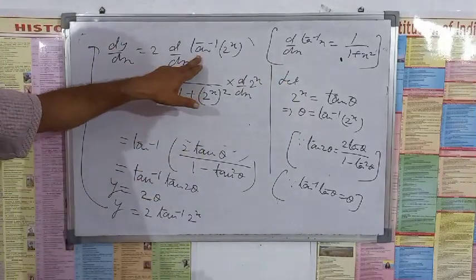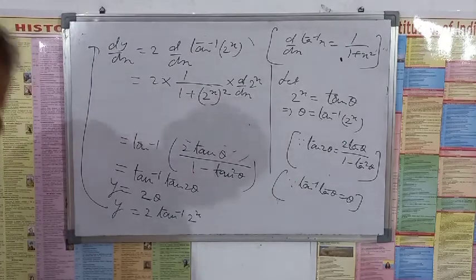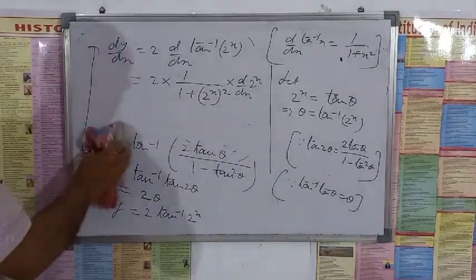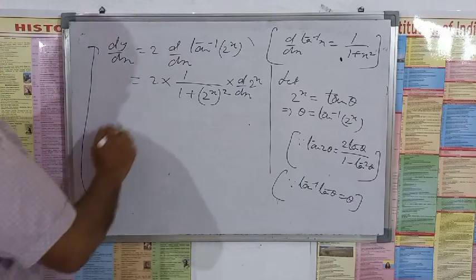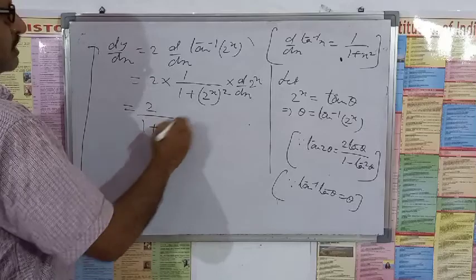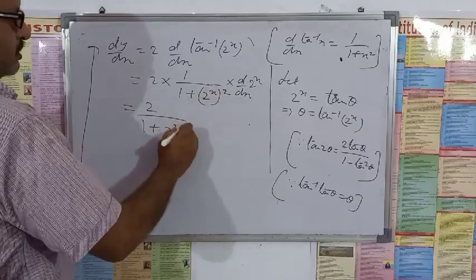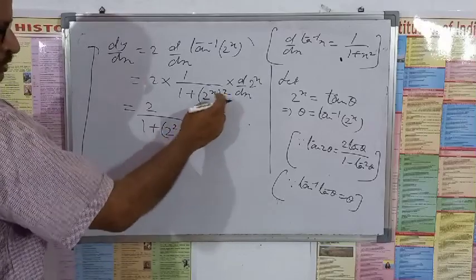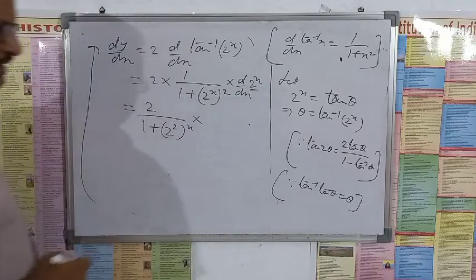Firstly differentiate tan inverse, then 2 to the power x by chain rule. So it is 2 upon 1 plus, we interchange again, so 2 square to the power x. Take 2 inside and x outside. Now the derivative of 2 to the power x.